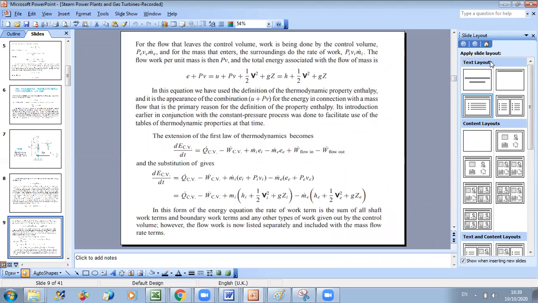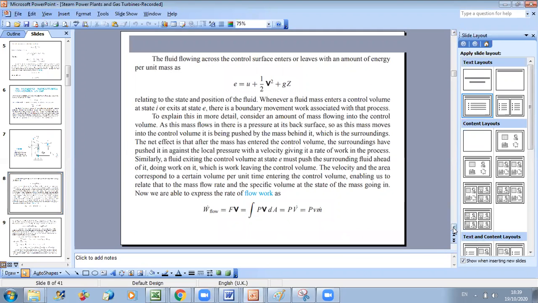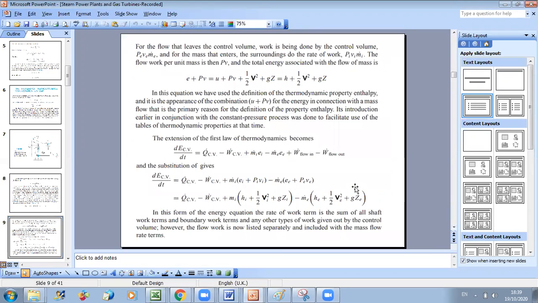Now what we will do is define a certain term, the energy plus PV, because as you can see, the term PV is important due to the work flow. So if we compute E plus PV, what do we get? We get the internal energy plus PV plus half V squared plus gz.